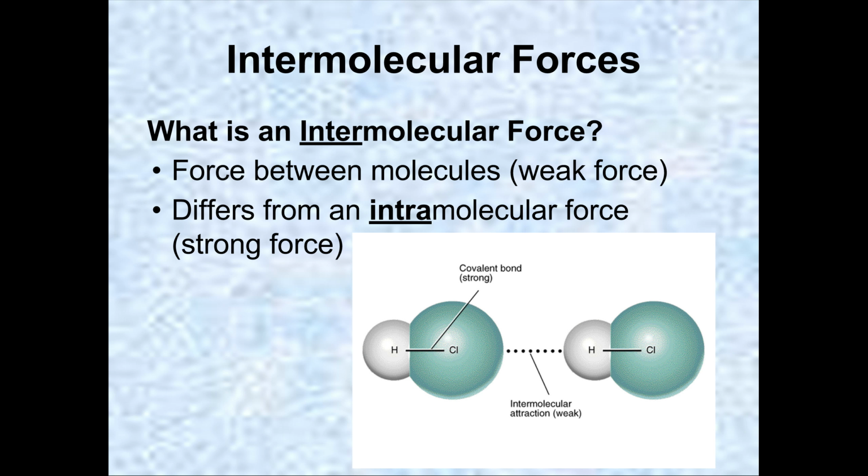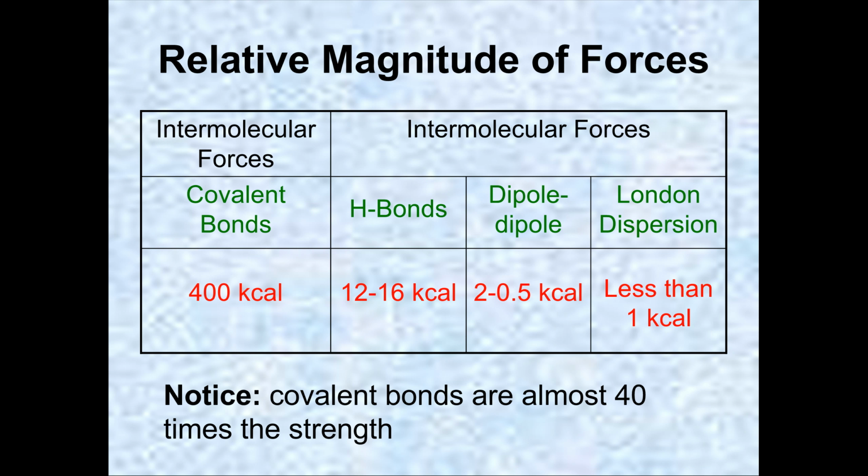Now, if those molecules are ions, you have ionic forces. Then you can have covalent molecules having bonds, and you're then going to have the intermolecular force of covalent bonds. Now, within that, there can be several different types of covalent.